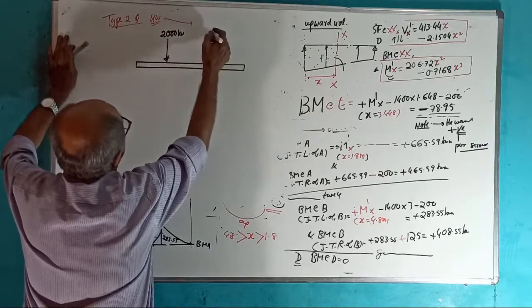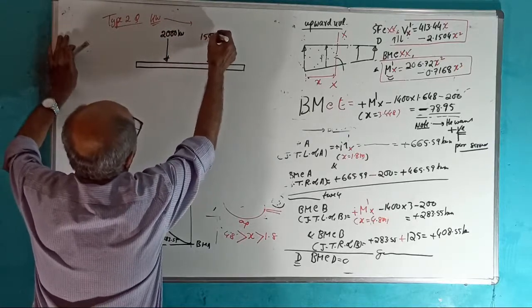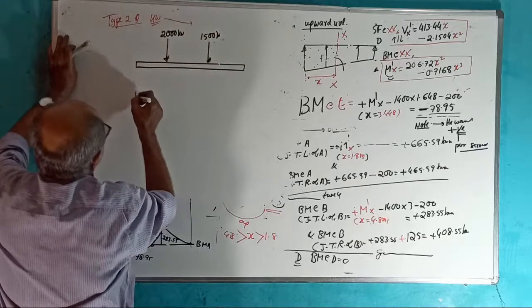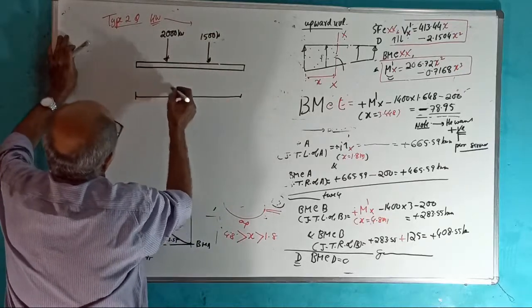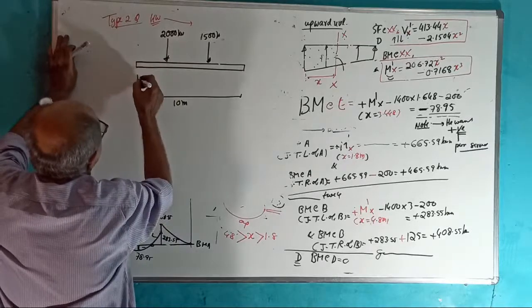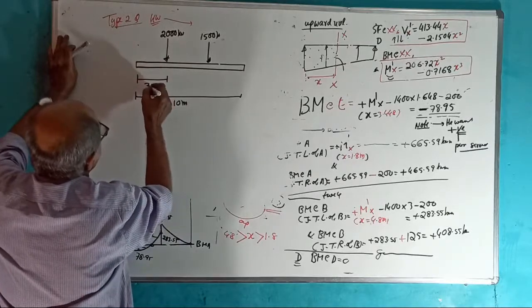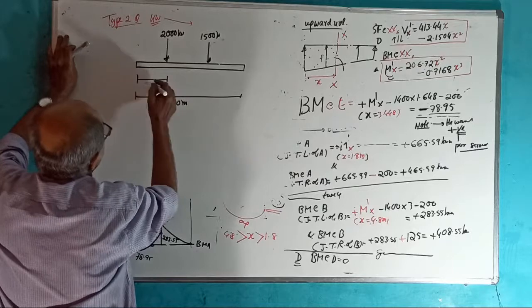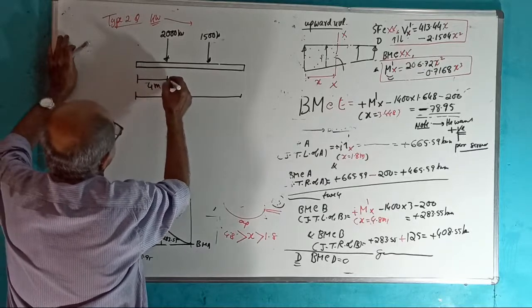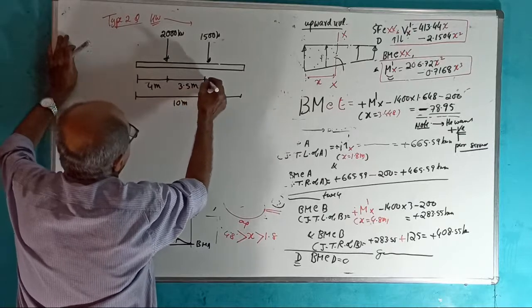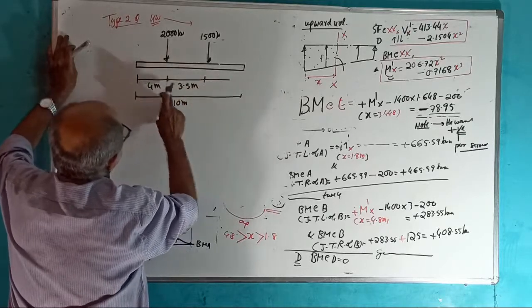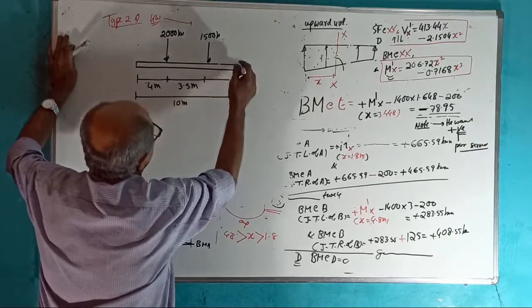The second point load is 1500 kilonewton. The total length of the beam is 10 meter, where the distance from here to here is 4 meter. The gap here is 3.5 meter, and this gap is 2.5 meter.